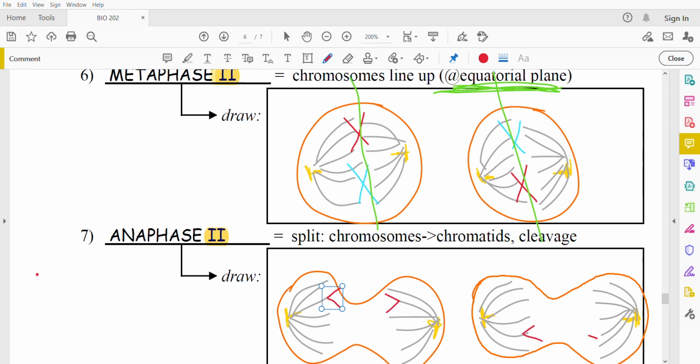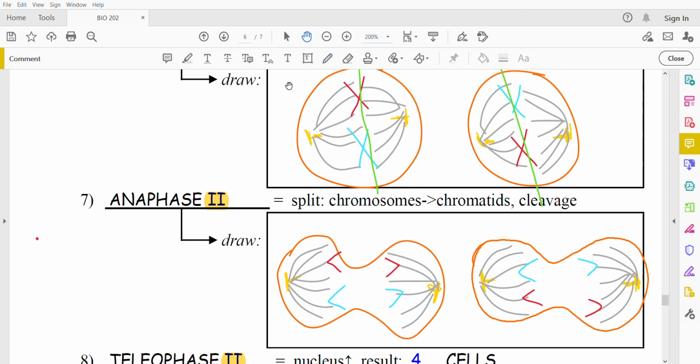So they're pulled apart. So during anaphase 2, we're seeing the chromosomes split into two, and each chromosome then makes a chromatid. And they travel towards the different poles of the cell.